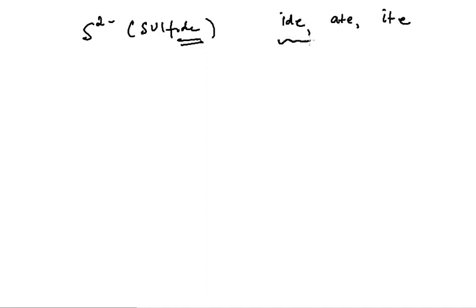So let's also look at compounds containing sulfide ion and carbonate ion. This is sulfide, not sulfate, but sulfide, I-D-E. Remember the difference between IDE, ATE, and ITE. IDE we use for monoatomic ions, and ATE and ITE we use for polyatomic ions.